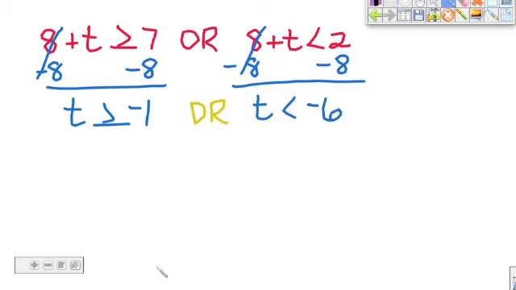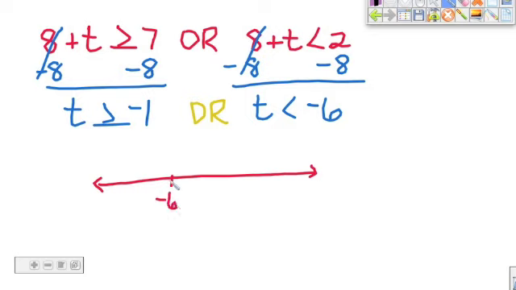So how do we read this correctly? T is greater than or equal to -1, so it has to be bigger than -1 or equal to it, but it has to be less than -6. So what does that look like? Well, we're going to draw ourselves a number line here. Okay, on this side, I'm going to put -6.